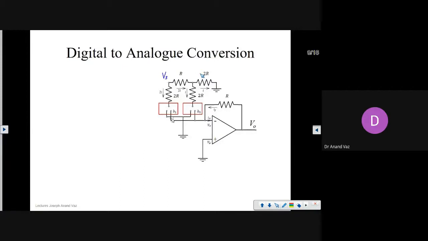This may be connected here or it may be connected to actual ground. In any case, the potential here is going to be 0. So the other side sees a potential of 0 again. Here you have 2R, here you have 2R, so the equivalent resistance through which the current is passing will again be R itself.